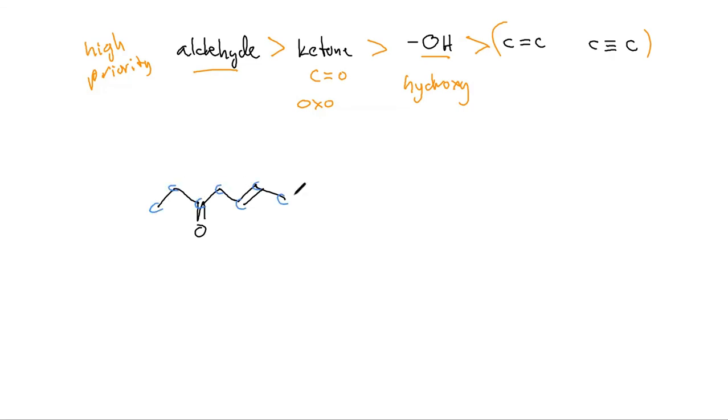So that's 7 carbons in this case, which is hept-. We'd say heptane when we have an alkane, but since we have an alkene, we're going to say heptene. And since our defining functional group is the ketone, -one. So heptene-one. The numbering system will give the lowest number to the carbonyl, regardless of what happens to the alkene.